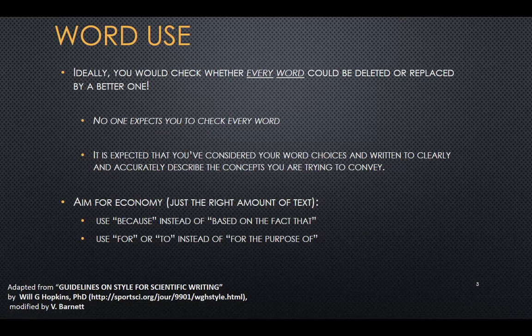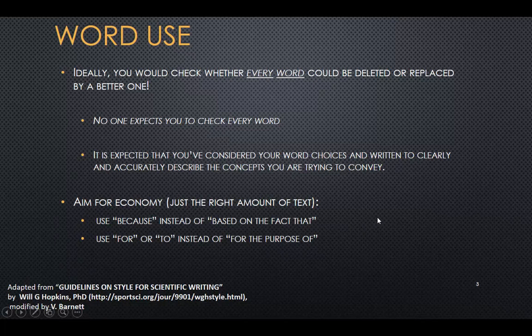We do want you to try to use the appropriate amount of words to explain your thoughts. Sometimes that means taking away a few words, sometimes that means adding a few words. Here are some examples. Use "because" instead of "based on the fact that."